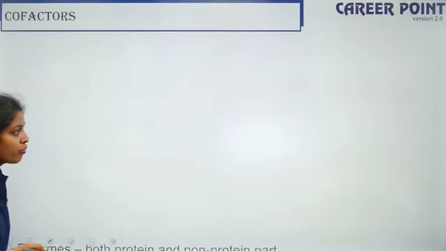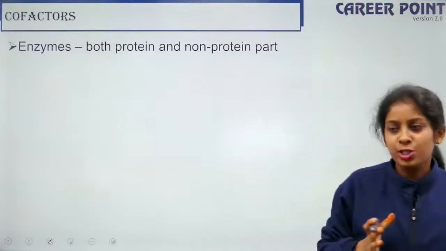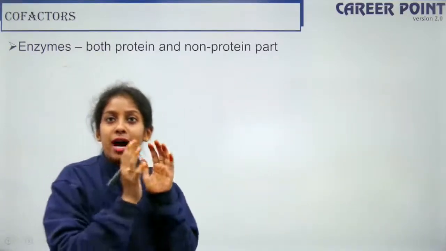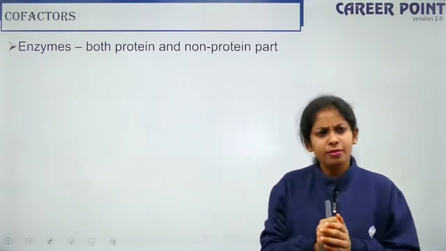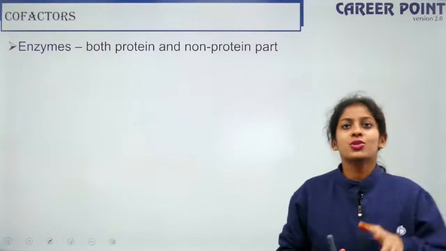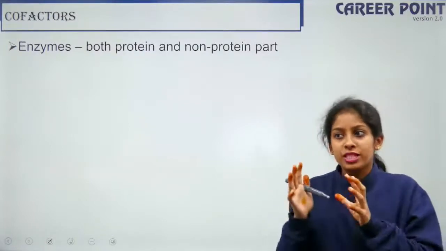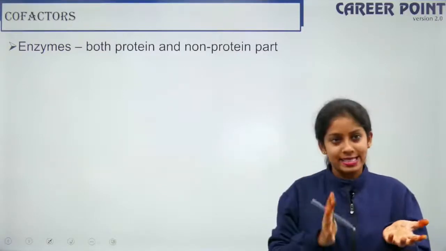Now moving forward to what are cofactors. Enzymes are mostly proteins with the exception of ribozymes, right? Enzymes have a protein part as well as a non-protein part to make it a complete portion. Every coin has 2 sides, the head and tail. Similarly, enzymes have the protein part as well as the non-protein part, which makes it a complete enzyme.